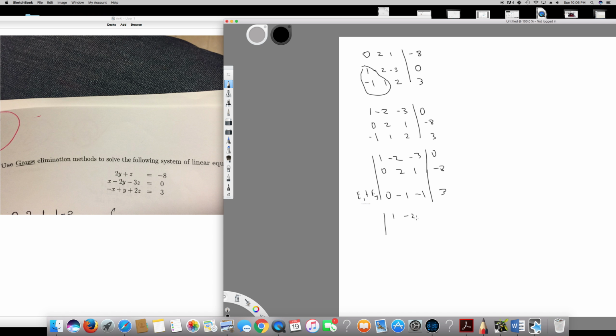So 1, minus 2, minus 3, 0, and 0, 2, 1, minus 8, and 0, 1, 1, equal to minus 3, right? I multiply everything by minus 1, so minus 1 times e3. This is what I did right here.